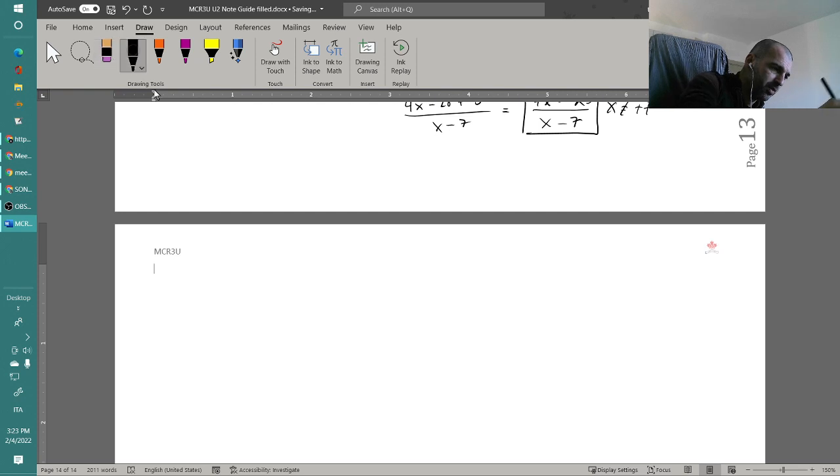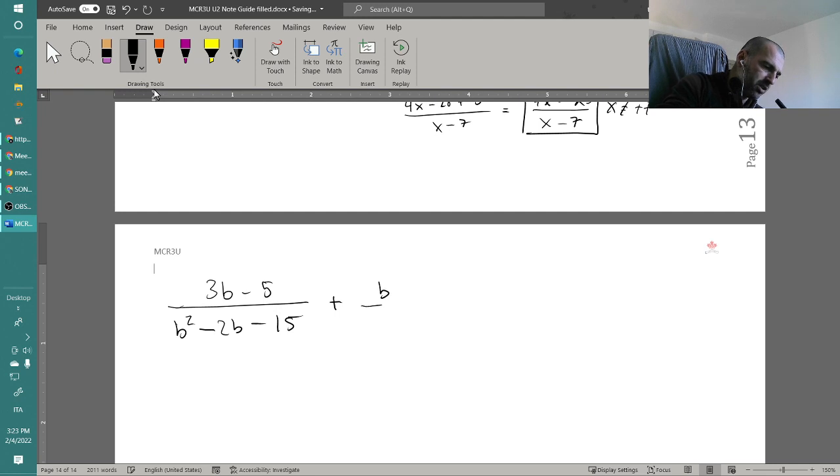So what happens if you end up seeing something like this? It's kind of like a 2b minus 5 over, I'll just make up something here, b squared minus 2b minus 15. I'll pull something out of the book, but I'm going to make some changes on it so that it's a bit different.